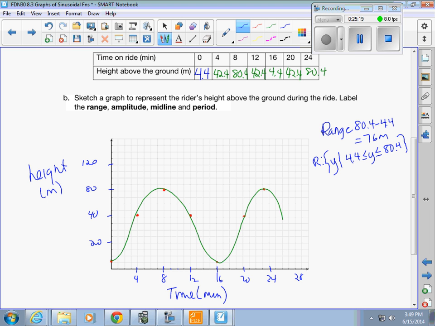Your midline is your maximum plus your minimum divided by 2. So that's 84.8 over 2, which is 42.4 meters. So your midline is right here.